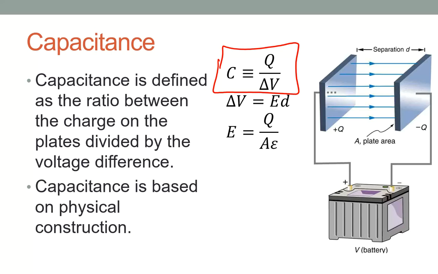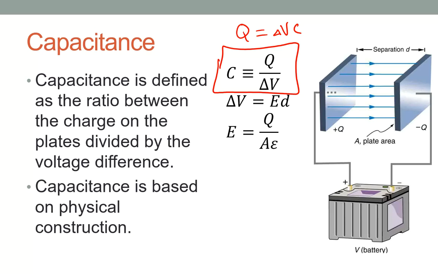The way I always remember this is by QVC, the shopping channel or something. But that's the definition of capacitance. It's simply relating how much charge you separate with the voltage difference you put on the plates.